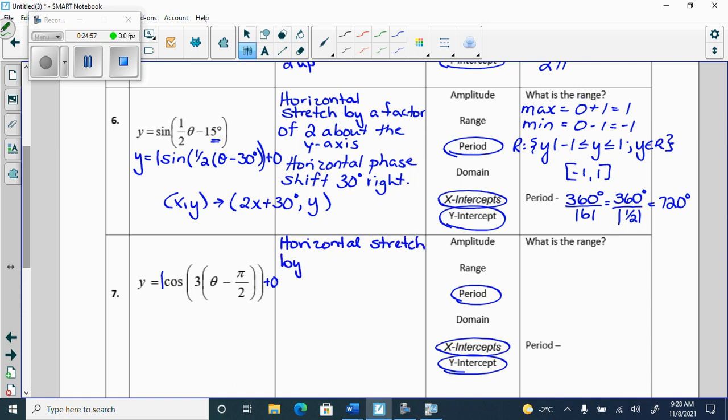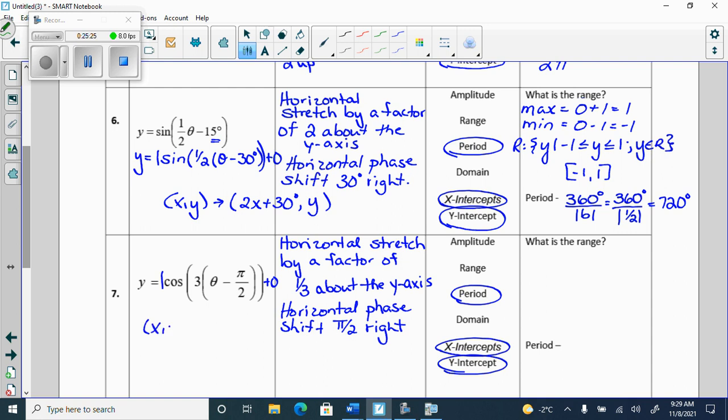by a factor of 1/3 above the y-axis. And a horizontal phase shift pi over 2 right.